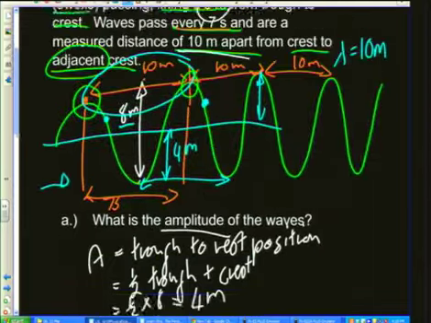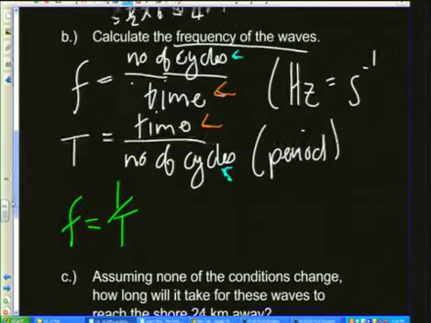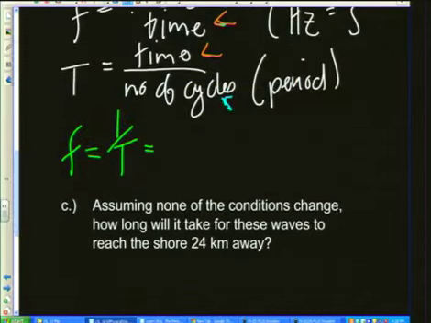Let's read it carefully: waves pass every 7 seconds. That tells me the period. Period is 7 seconds. So I'm now going to substitute in, and I'm going to say frequency is 1 over period, which is 7. The SI unit is seconds, so the frequency is 1/7.